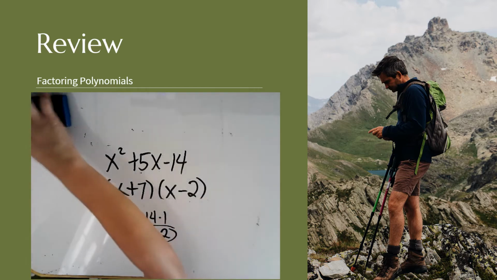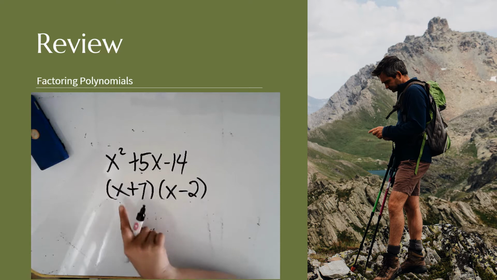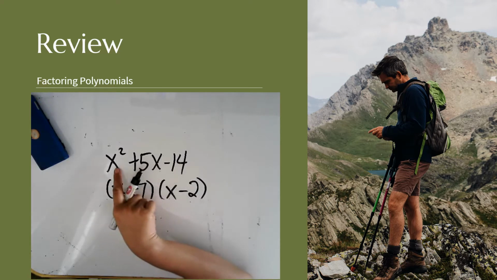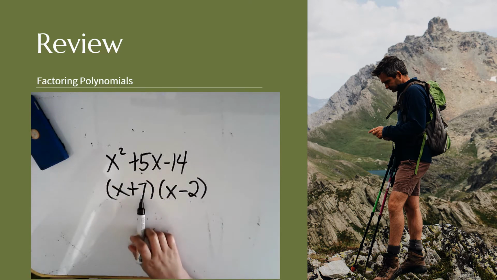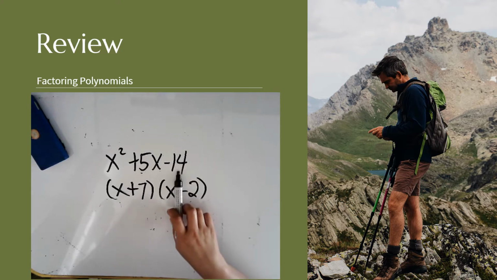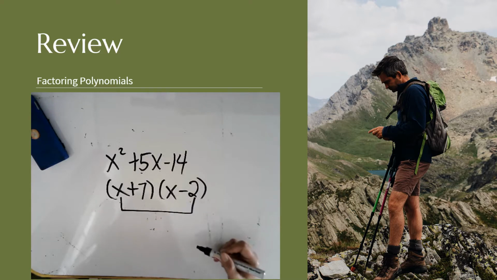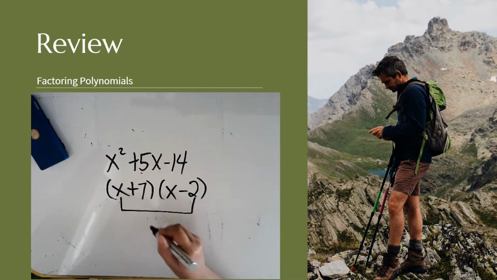So let's check. x times x is equal to x squared, and positive 7 times negative 2 is equal to negative 14. When we multiply the extremes, negative 2 times x is negative 2x.